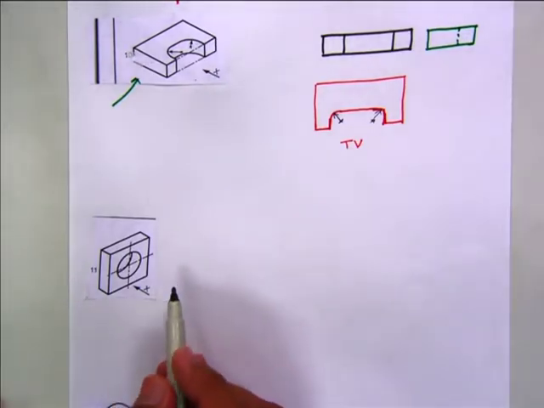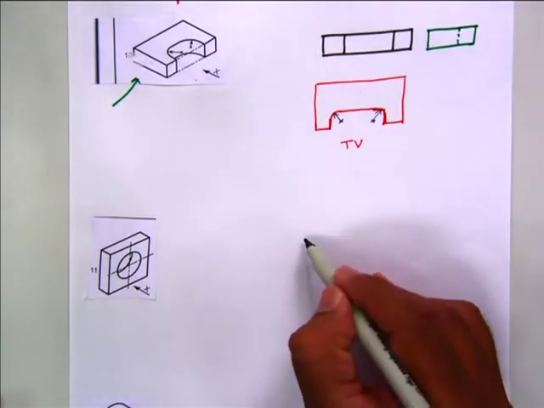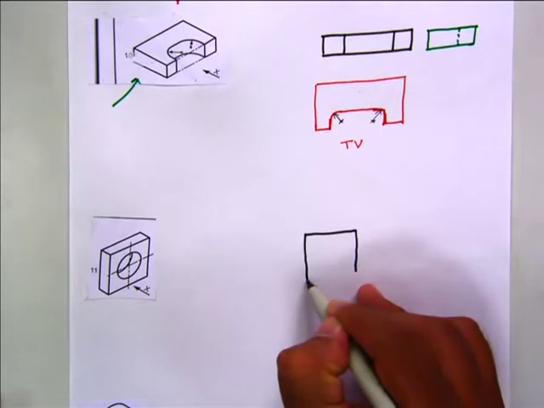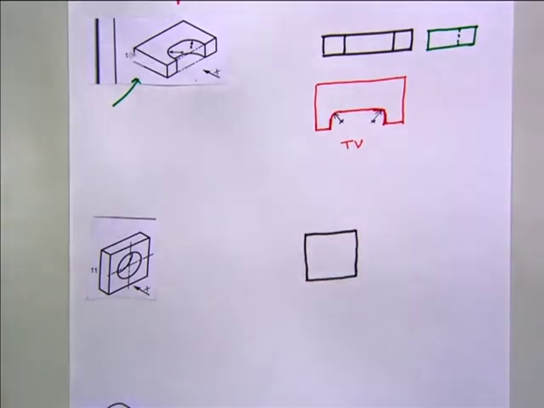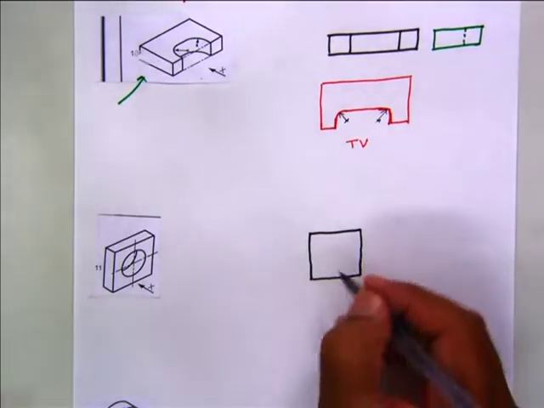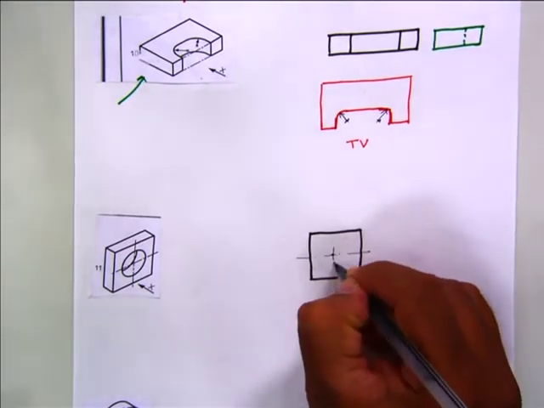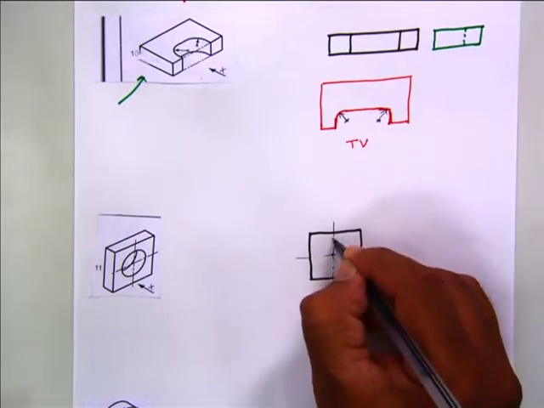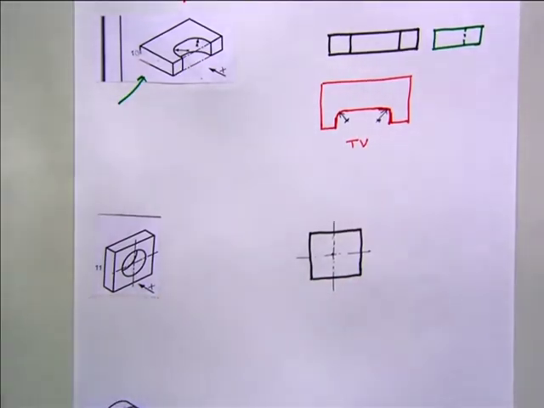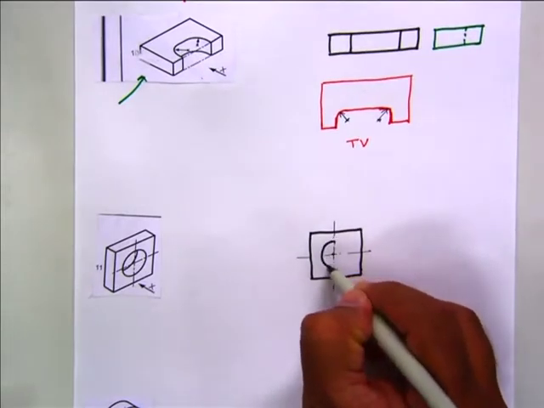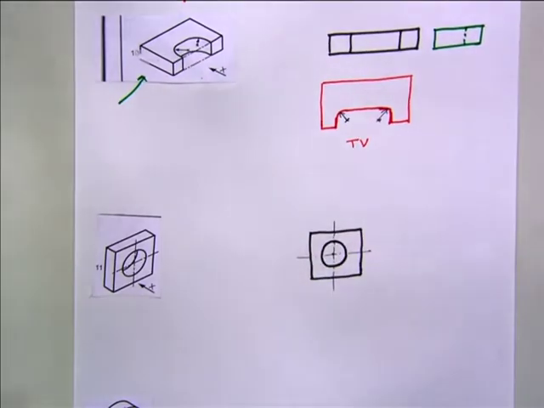Again, when you are viewing from here, front view, there is a center. Draw the center line. There is a hole of same radius.